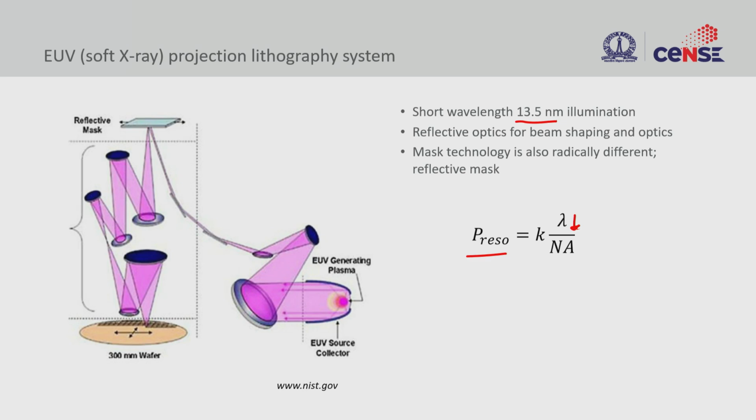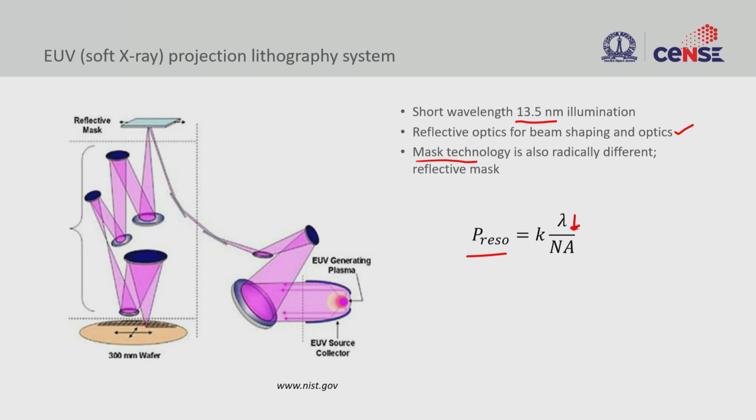All the beam shaping and optics here are going to be reflective. And the other important thing is the mask is also going to be reflective. So the whole idea of diffraction through transmission is now going to be completely different. It's going to be reflection. The diffraction is going to be very different, and the optics are going to be very different.